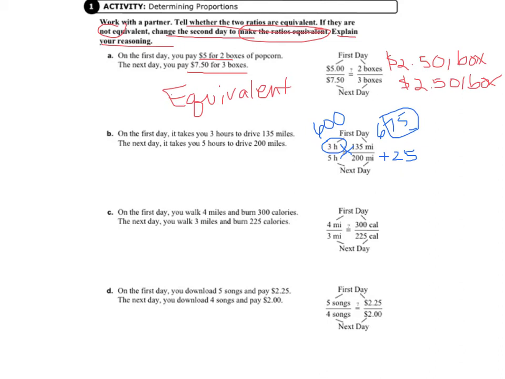So if you would drive 25 extra miles on the second day, then you would have your equivalent fraction. So you would need to change your next day miles to 225. So 5 hours to drive 225 miles.